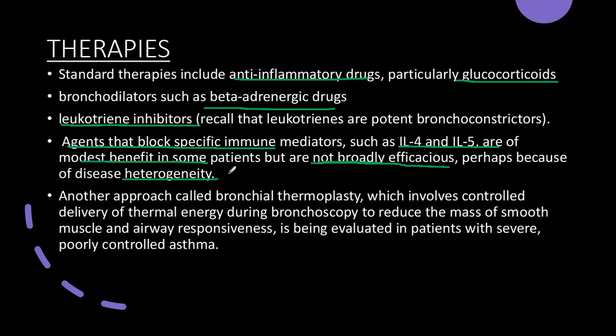In intrinsic asthma, this might not be implicated. Another approach is called bronchial thermoplasty, where we have the controlled delivery of thermal energy to the bronchi, and this will reduce the mass of the smooth muscle and airway responsiveness. This has been evaluated in patients with severe uncontrolled asthma.